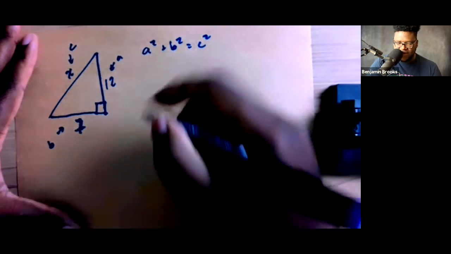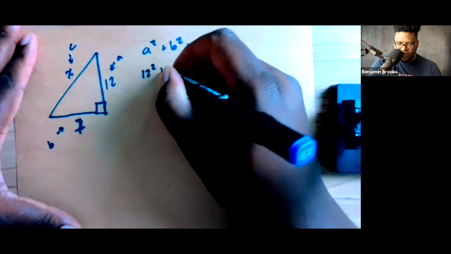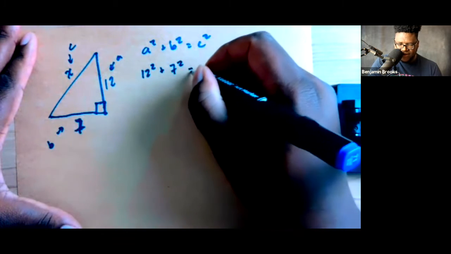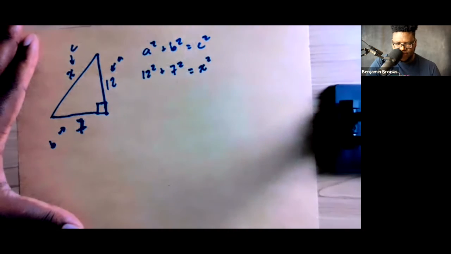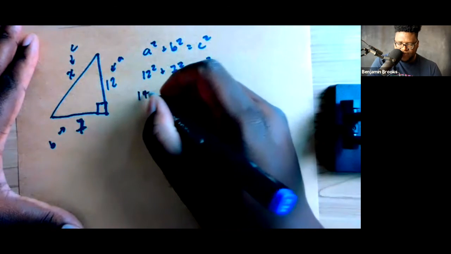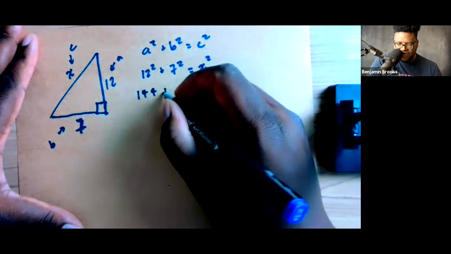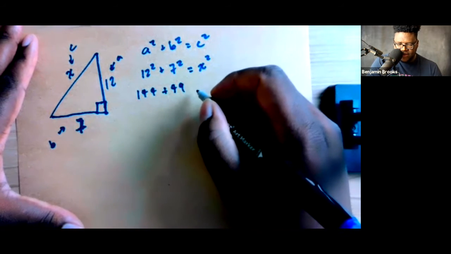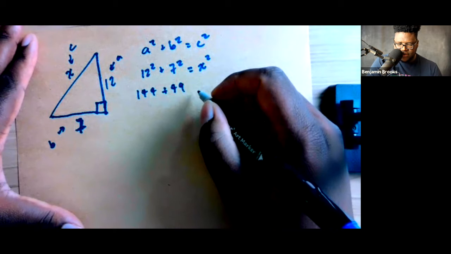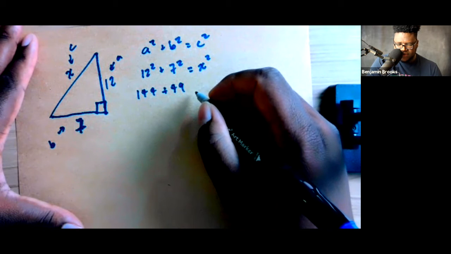So I can plug it in. 12 squared plus 7 squared equals x squared, right? 12 squared is 144. 7 squared is 49. Dang, I didn't want to use 7.